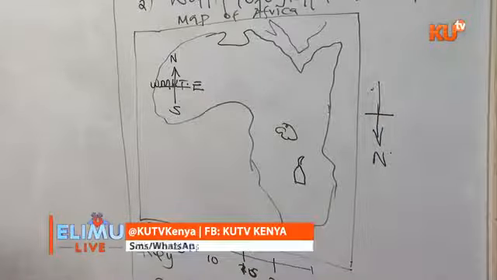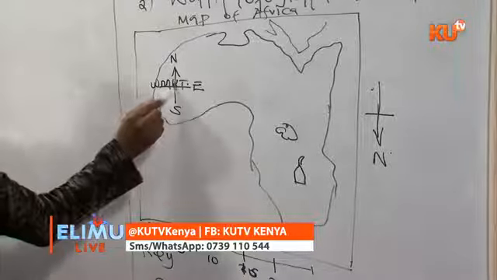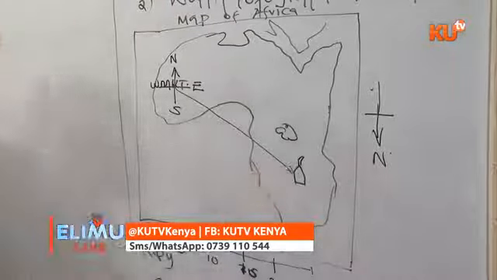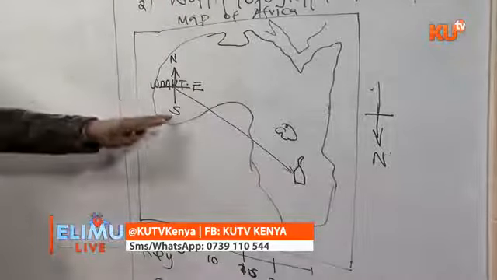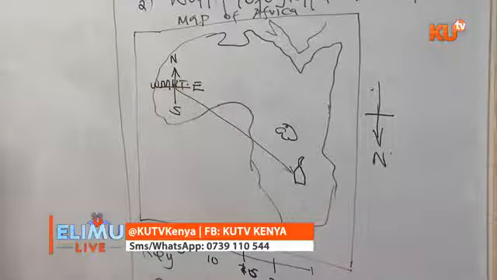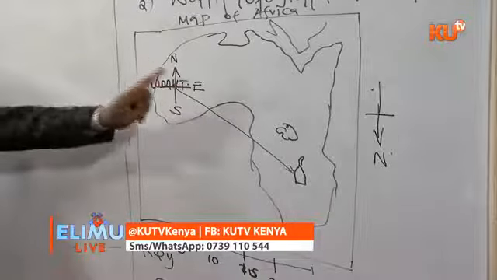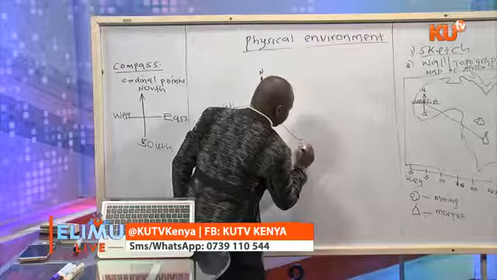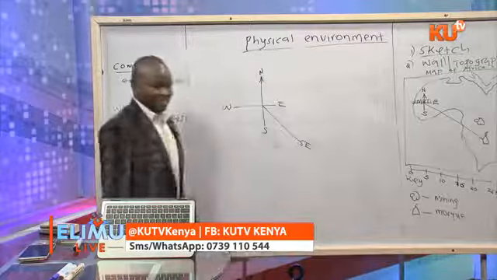Then draw a straight line up to the mosque. Then you are going to take the 2 points. So that is south, east. So our mosque is located in the southeast. That is where the mosque is.